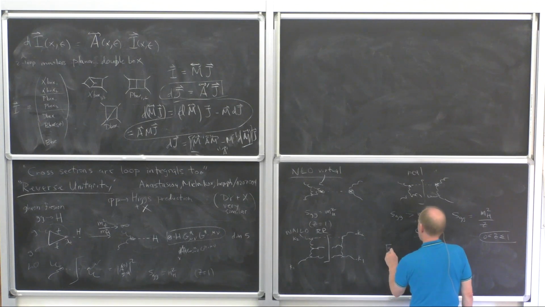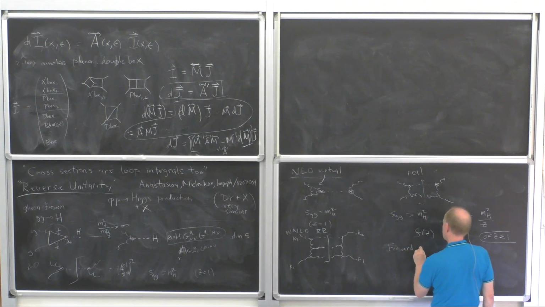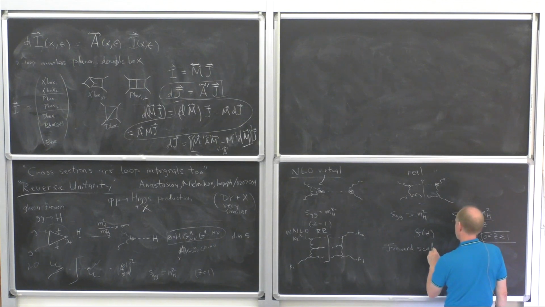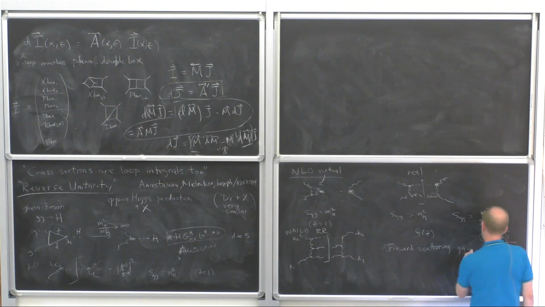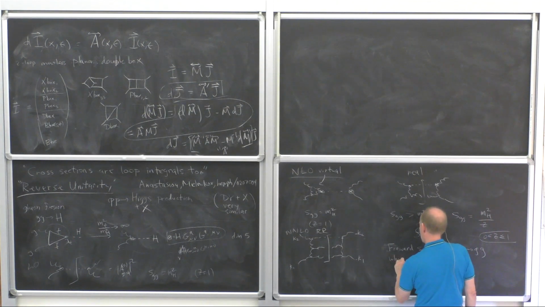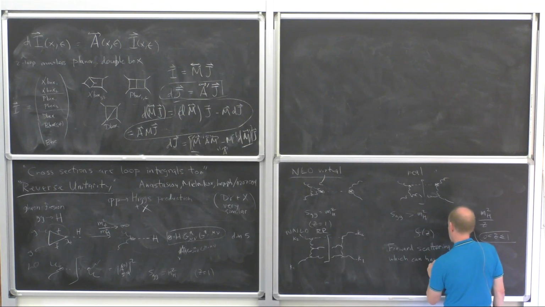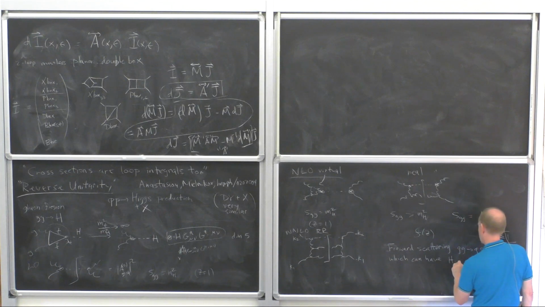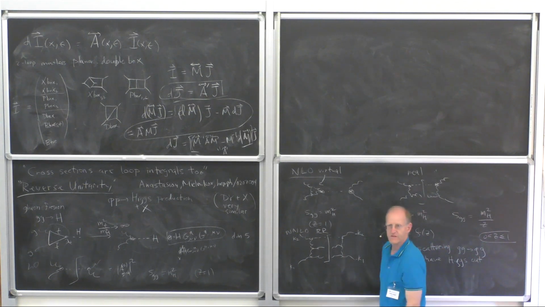To put it another way, we take the forward scattering graphs. We think of it as forward scattering for gg goes to gg, which can have a Higgs cut, where we can cut the Higgs line, which I've always done here. I've cut these lines, okay?